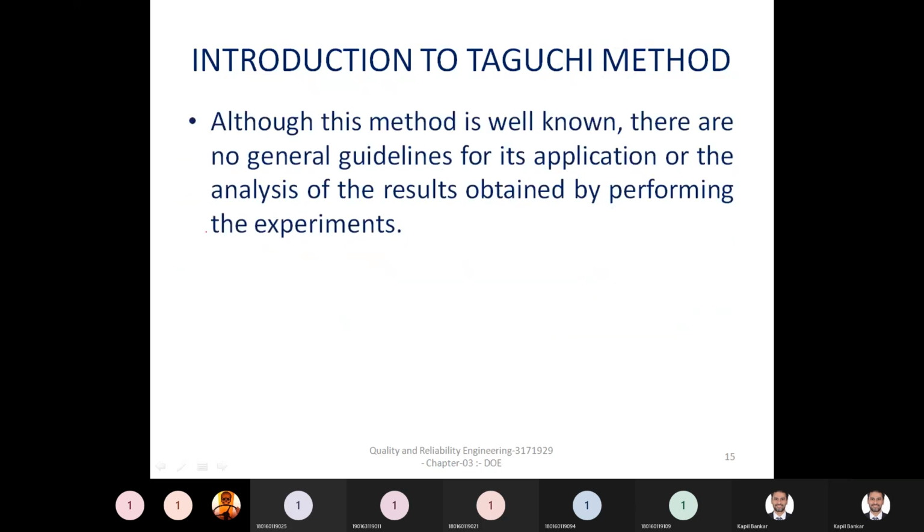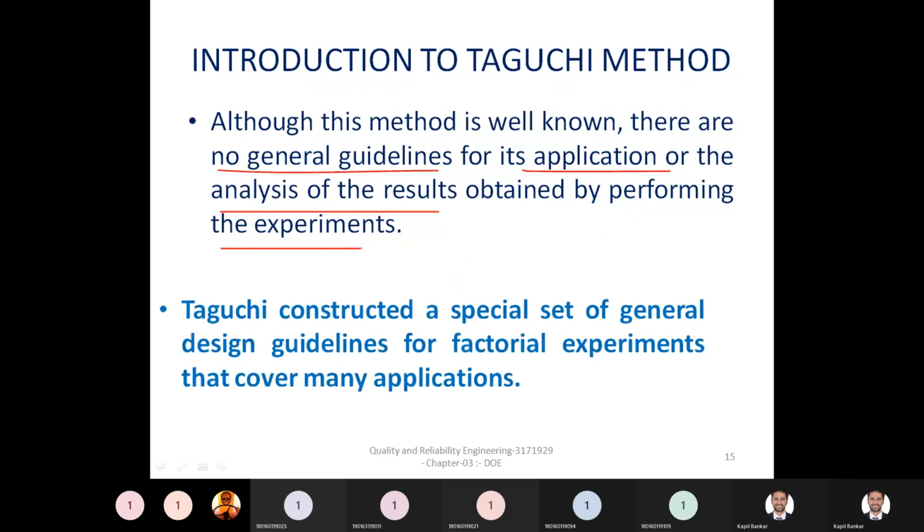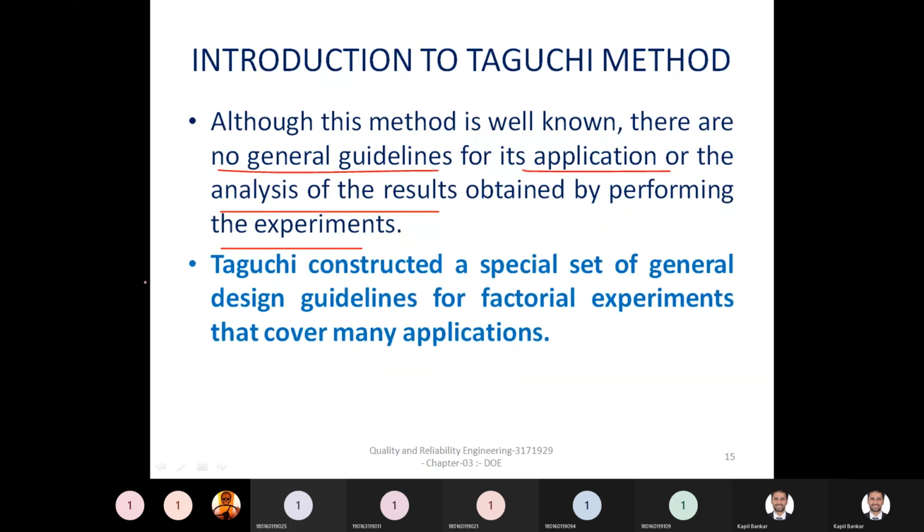Although this method is well known, there are no general guidelines for its application or the analysis of the result obtained by performing the experiment. There are no general guidelines. You can select any. But Taguchi constructed a special set of general design guidelines for factorial experiments that covers many applications.